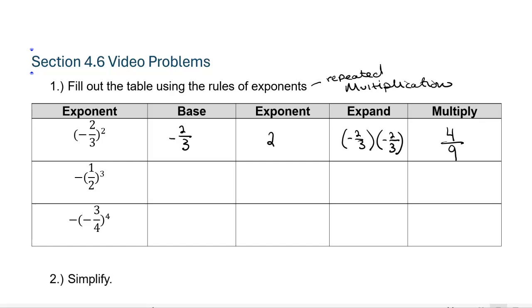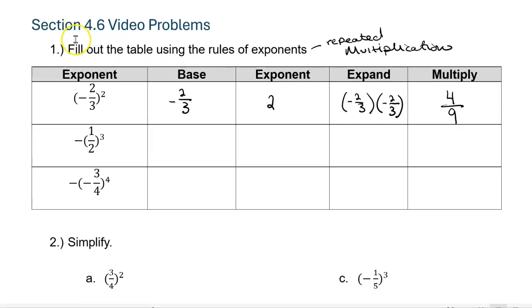All right, so for the next one, the difference, well, obviously 2/3 is different, right, than 1/2. The exponent is also different, but looking at the base and the placement of the negative, the difference is that in the first one, the negative is in parentheses, and on the second one, it's not.